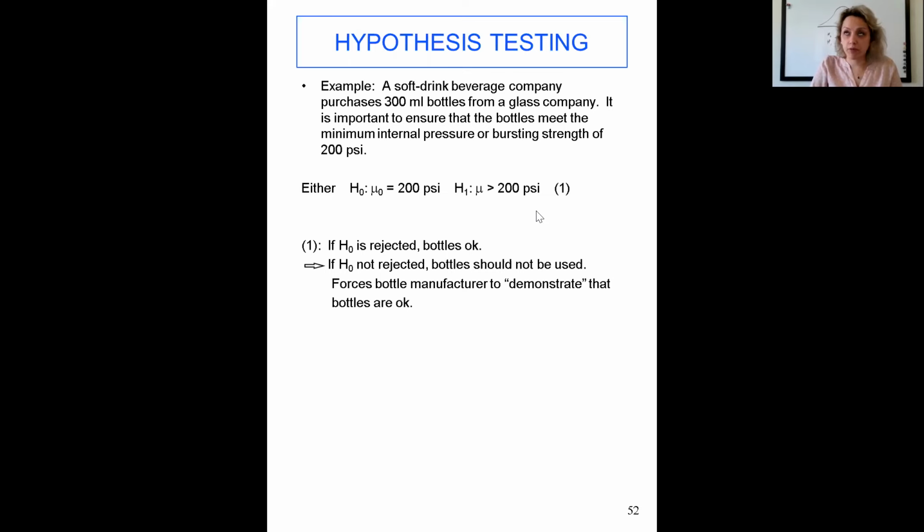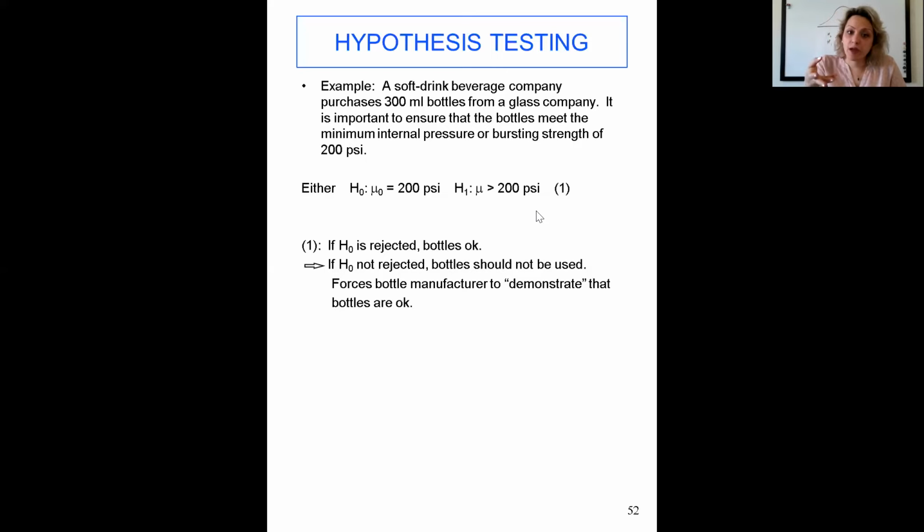So we say that our mu null is equal to that 200 psi. One way we can look at it is to say that this is the minimum internal pressure, right? So let's say the alternative hypothesis is that mu is greater than 200 psi.